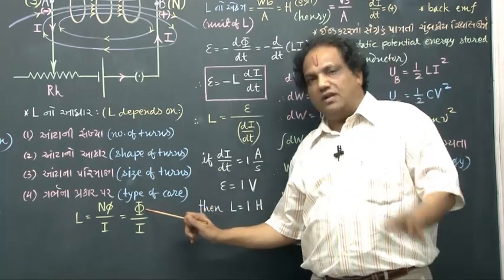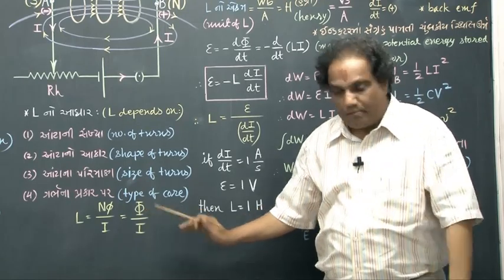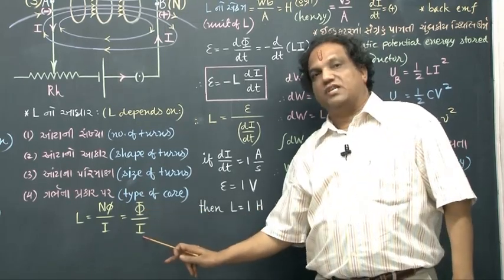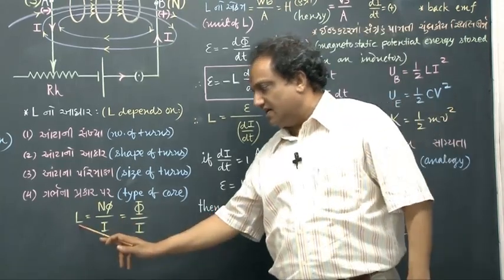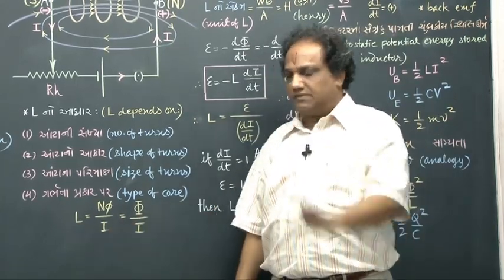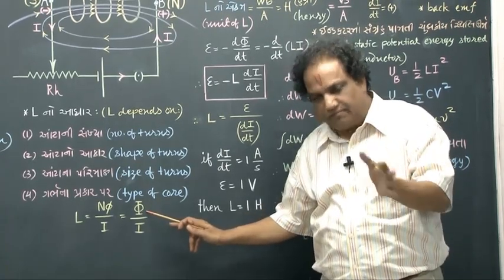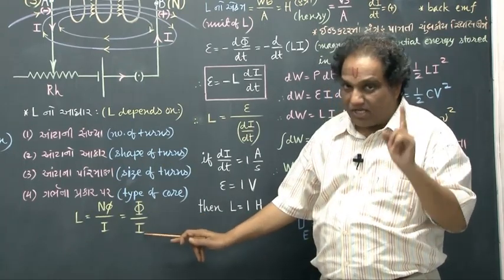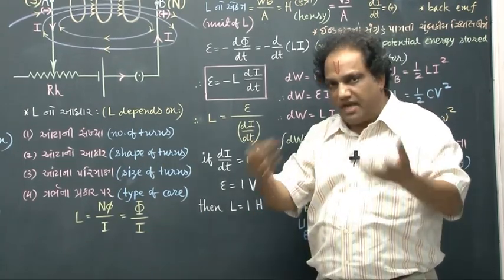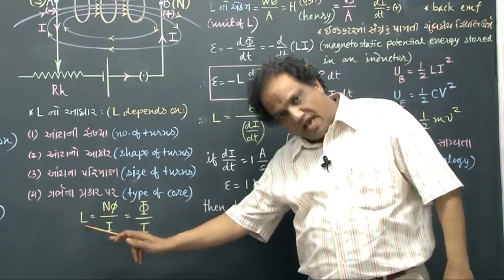Magnetic flux linked with a given circuit or a given coil per unit current passing through it is called its self-inductance. I repeat, magnetic flux linked with a given circuit or with a given coil per unit current passing through it is called its self-inductance, shown by the symbol capital L.